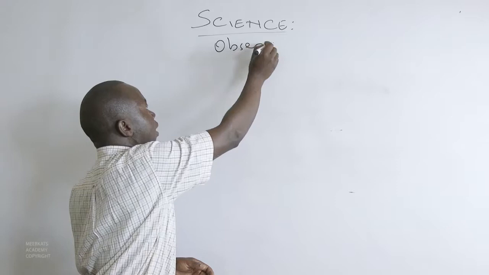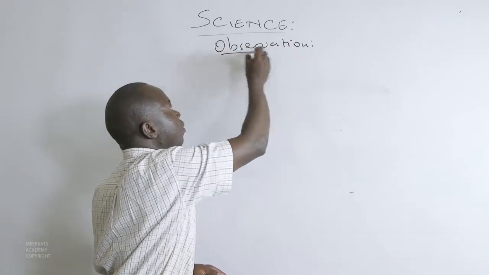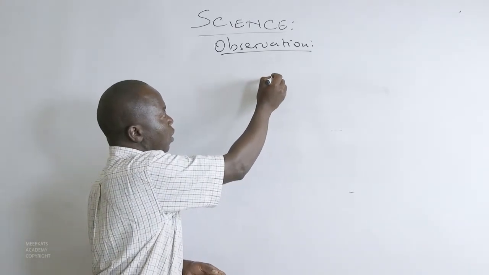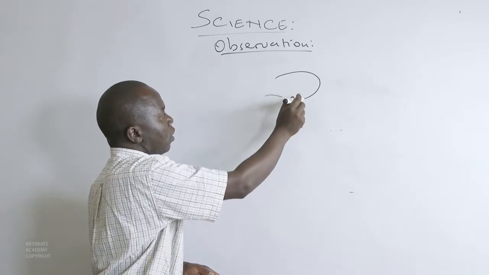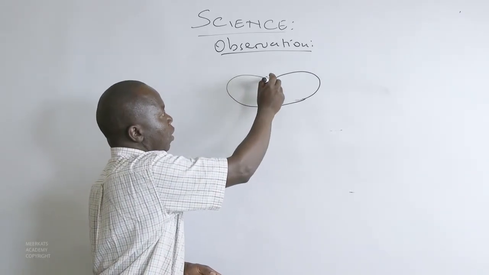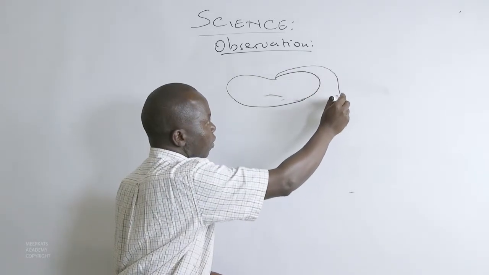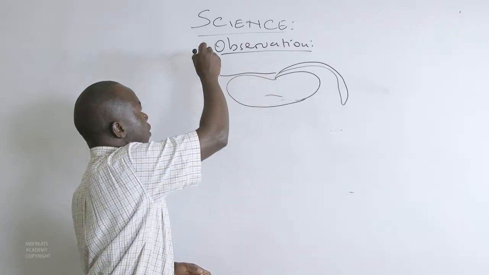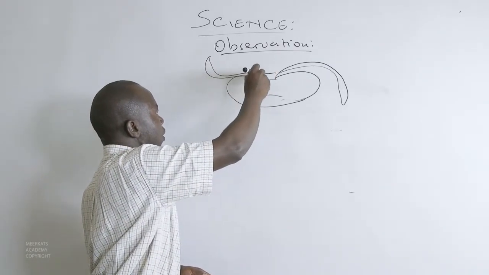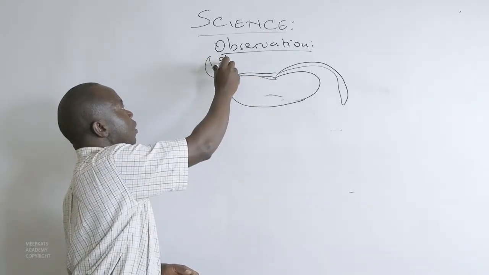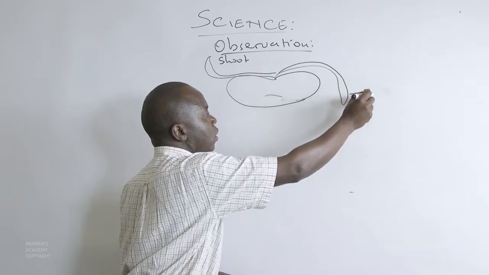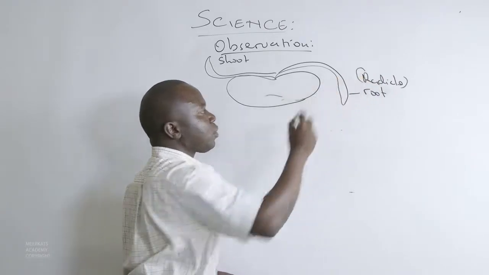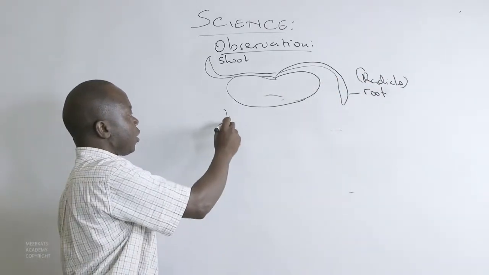So that's why we have this kind of observation. If we may use a diagram to show the observation that will be made after 2 or 3 days, this is the kind of observation. The radical grows downwards, while the shoot is going to grow upwards. We know that the radical is the one that develops into a root. So, the explanation to this.